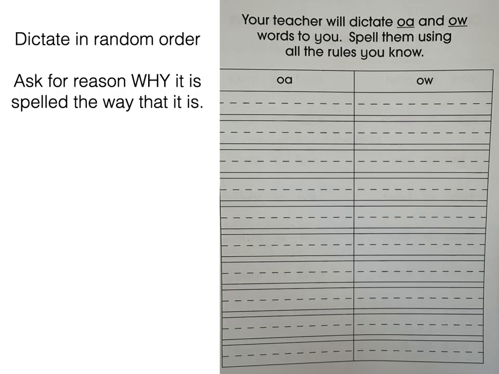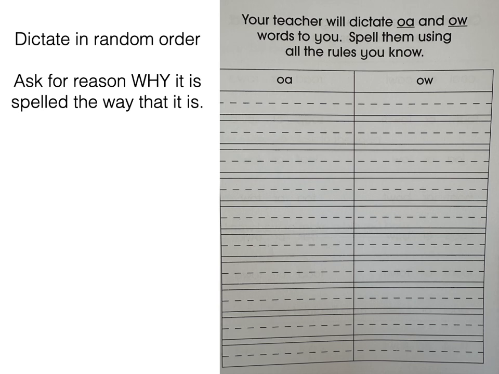You can also dictate words, and after teaching OA and OW, and perhaps this is where you're mixing them together, I would give them this column paper and ask them to spell a word. For example, if you say spell the word slow, they may say S-L-O.